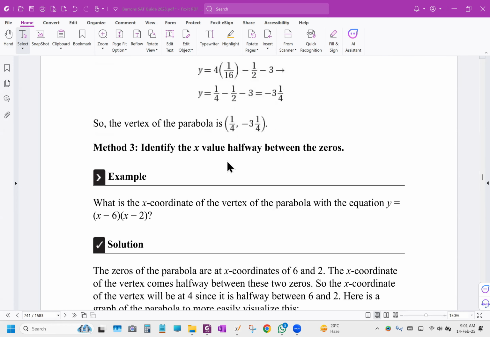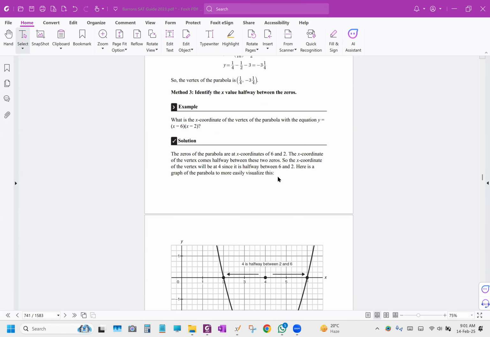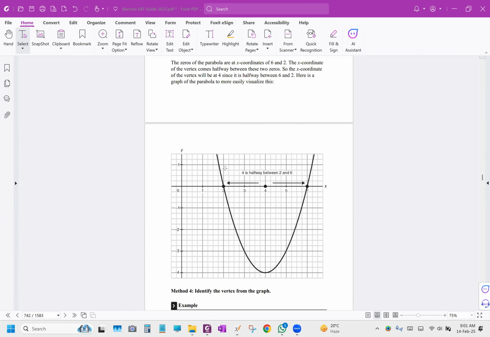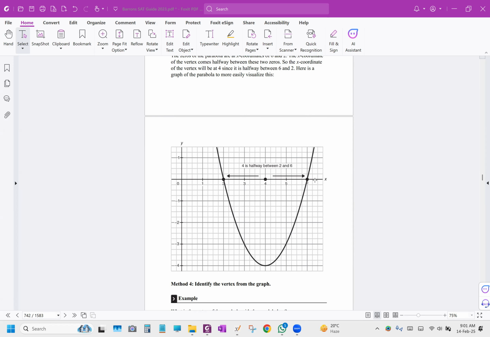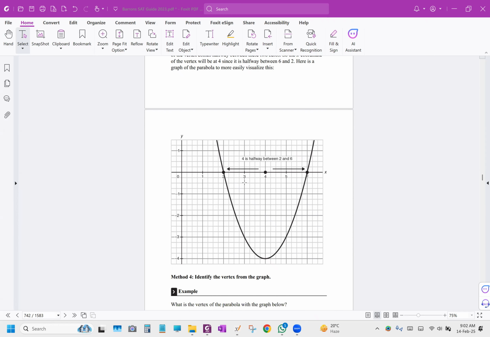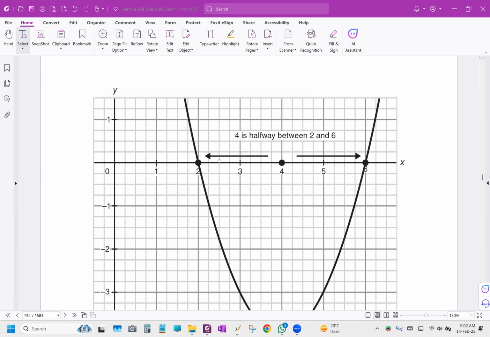Okay. So identify the x value halfway between the zeros. This is what I just told you, the very first stage. I think this is the simplest way to find out the vertex. We know the solution. What is the solution? The solution is the point at which the parabola is intersecting the x-axis. This is a point, and this is also a point.